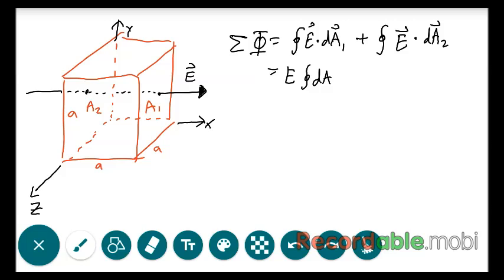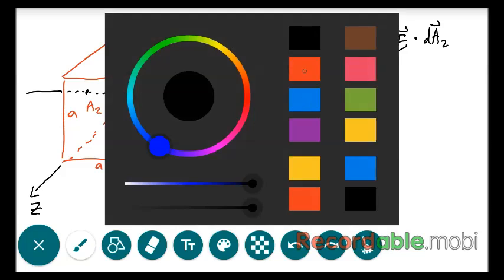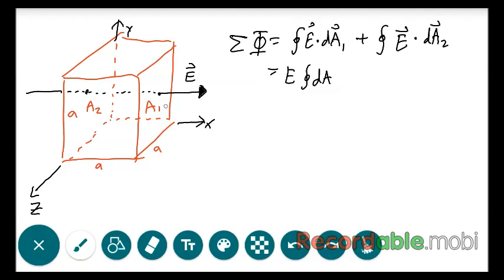And as you know, the direction of a surface is perpendicular to the surface. So therefore for A1, the area vector would be pointing right this way. For area 2, the area vector would be pointing in the negative x direction to the left.